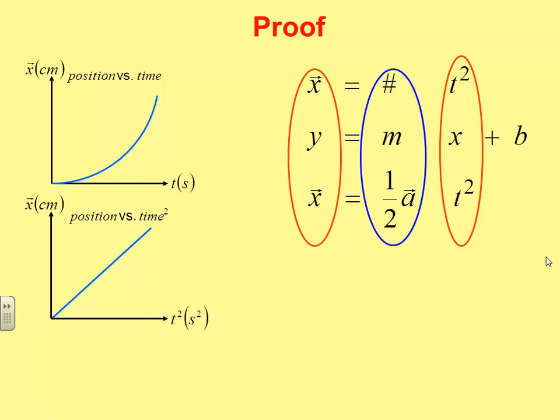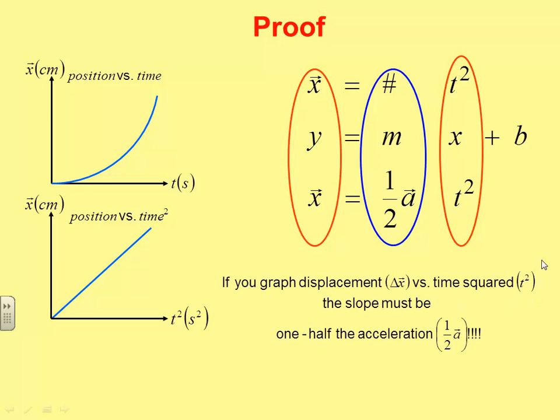If that doesn't blow your mind a little bit, I don't know what will. So what we've just done, oh, thank you very much, I appreciate the applause, is show both experimentally and theoretically that the slope of a position time squared graph has to be 1/2 the acceleration.